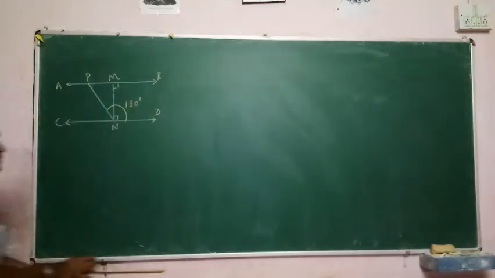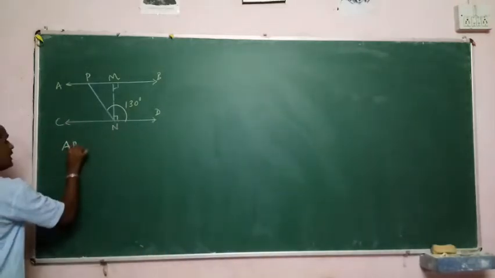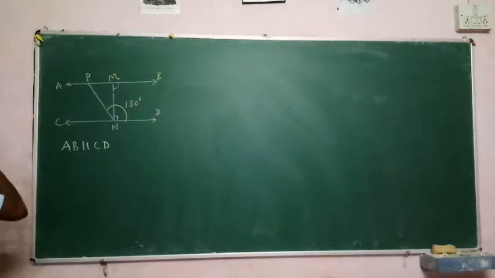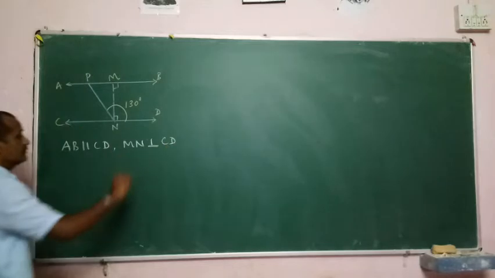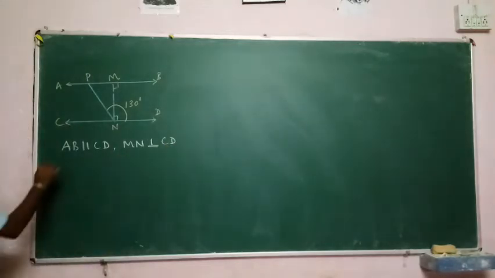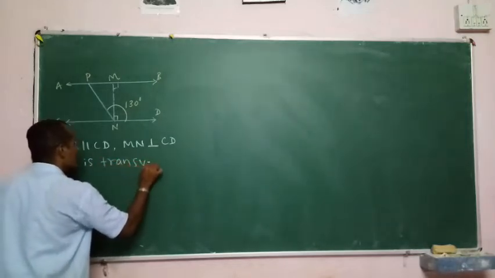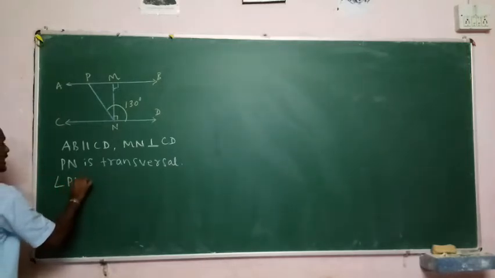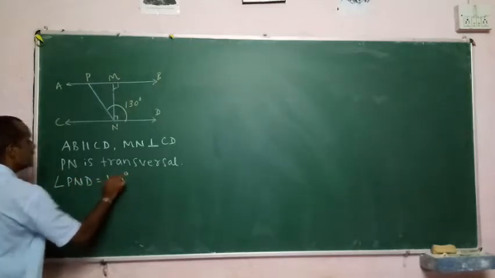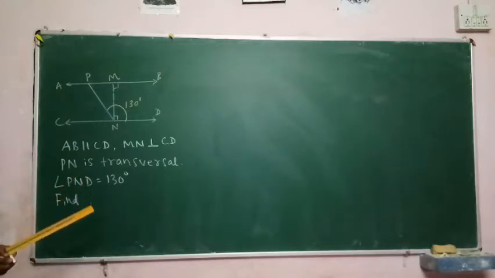Let me write what are the given things for you. AB is parallel to CD. MN is perpendicular to CD. PN is a transversal. Angle PND is equal to 130 degrees. Find what are the angles you have to find.